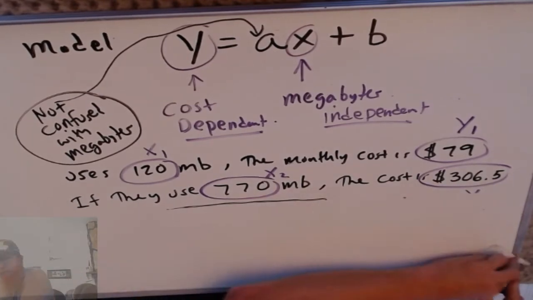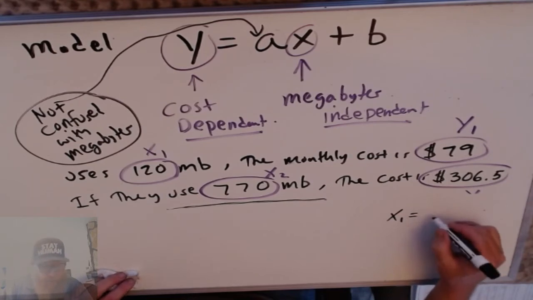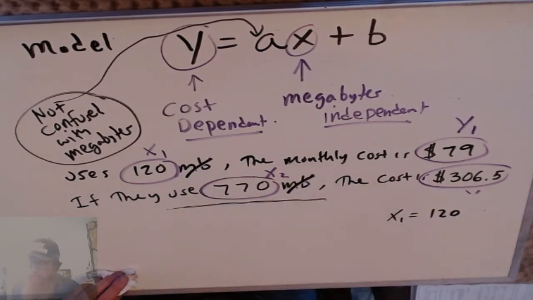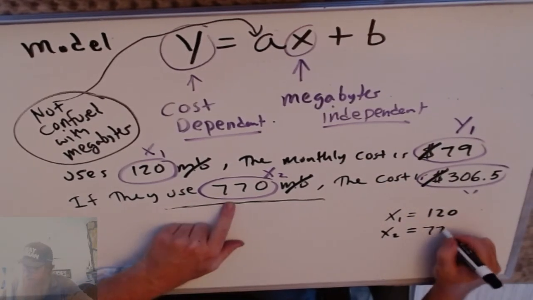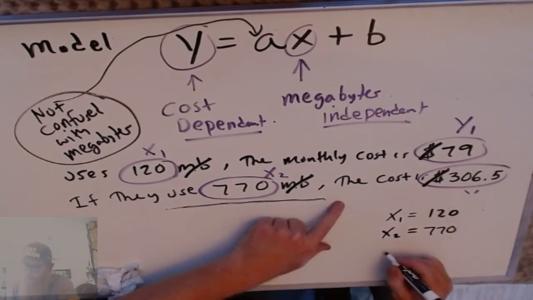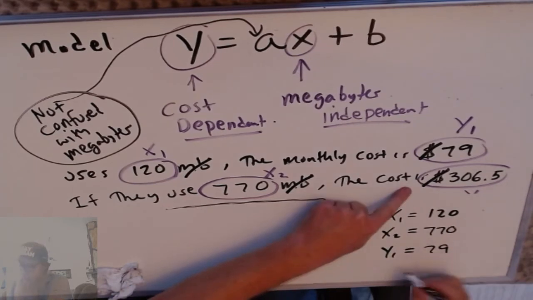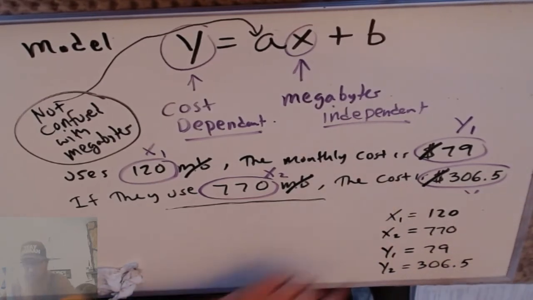I'm going to go ahead and make a little savings over here. So I'm going to say X1, 120. I can drop the MB. I can also drop the dollar signs. X2 is 770. Y1 is 79. And Y2 is 306.5.